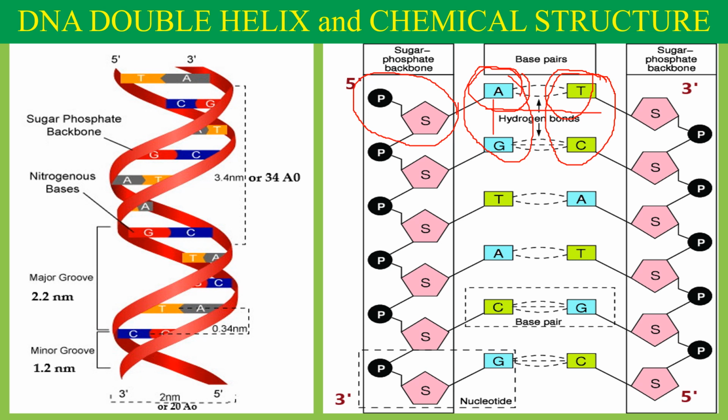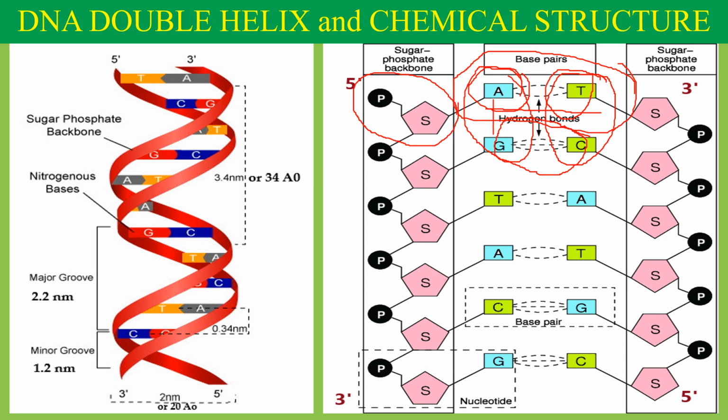If purines bind with each other, then in this region the diameter of the DNA becomes more, and if pyrimidines bind, in that region the diameter of the DNA becomes less. To maintain the constant diameter of the DNA, the base pairing occurs between the purines and the pyrimidines.